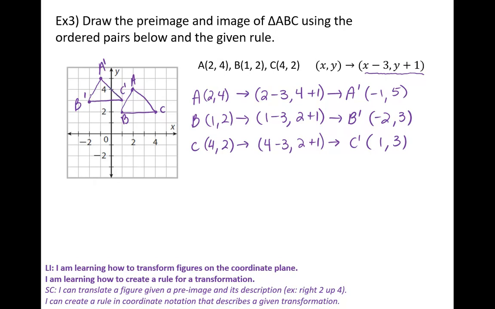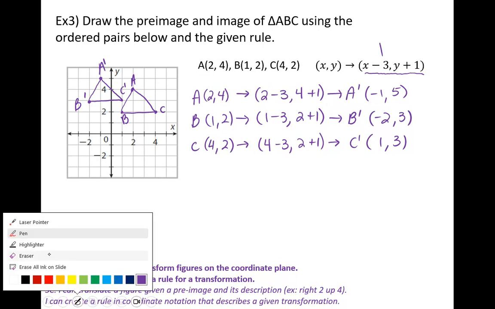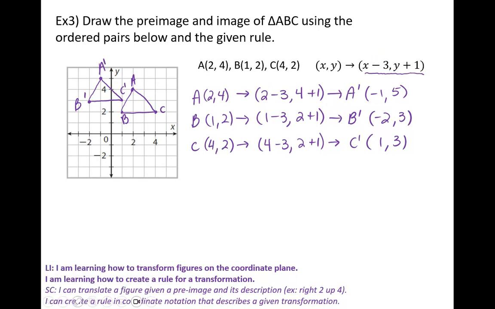The thing that I want to point out, though, is we could actually do this problem without showing all that work. Yeah, we can do it without showing all that work. If we go back to what the rule means up here, what we just saw in the previous one, when I am subtracting a value from x, the minus means I go left 3. And then when I'm adding a number to y, the plus in this case means I'm going up 1.